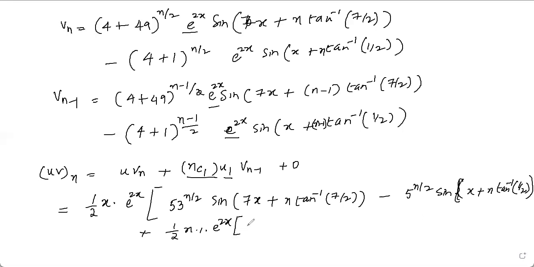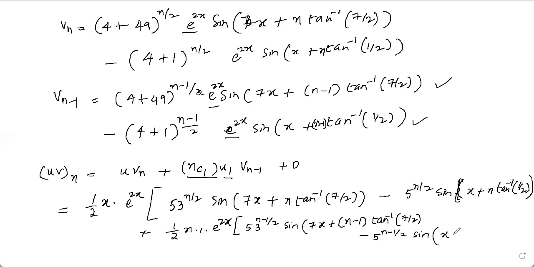Again 53 to the power of n minus 1 by 2, sine 7x plus n minus 1 tan inverse 7 by 2, and 5 to the power of n minus 1 by 2 sine of x plus n minus 1 tan inverse 1 by 2.